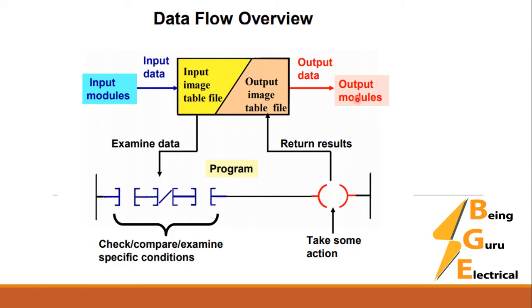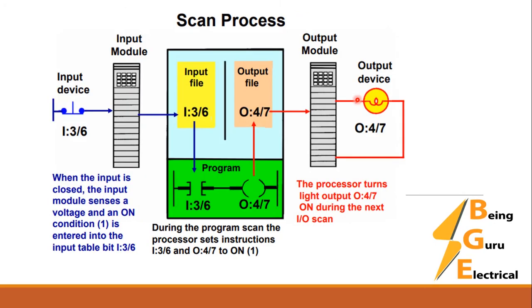Now scan process. We have CPU, and we have input module and output module. Input module is connected to a NC switch, and the input module is connected to the input file.